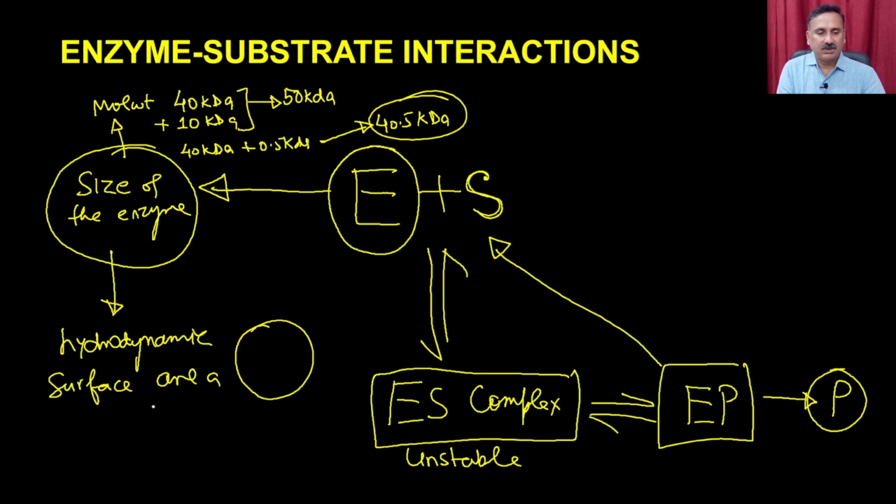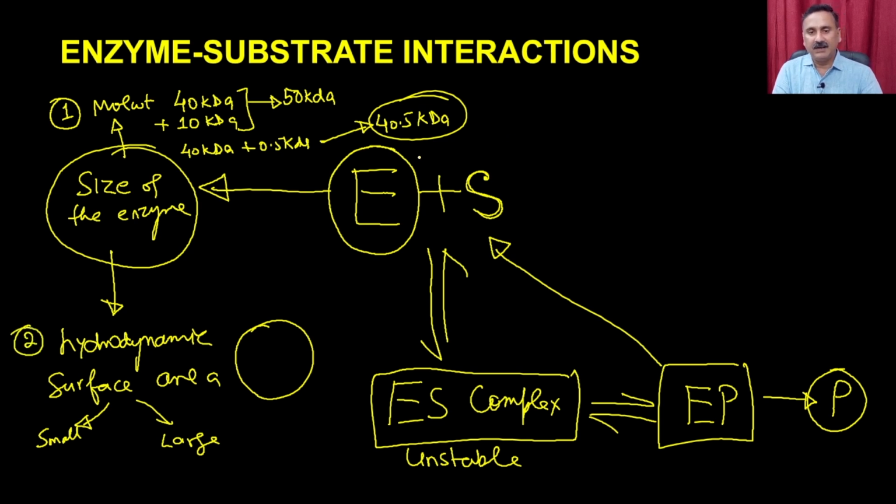It can make it small or it can make it large. So it can make the enzyme a little unfolded, or it can make the enzyme more compact. So the first modification is that it can increase the size of the protein, so it can increase the molecular weight. It can also change the hydrodynamic surface area.